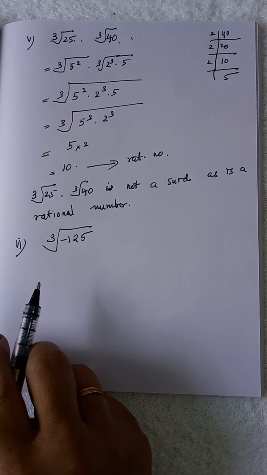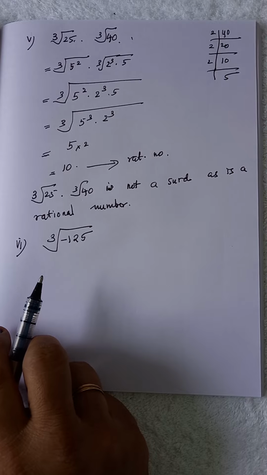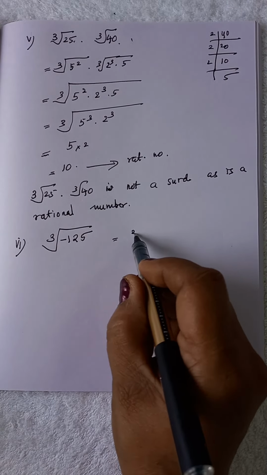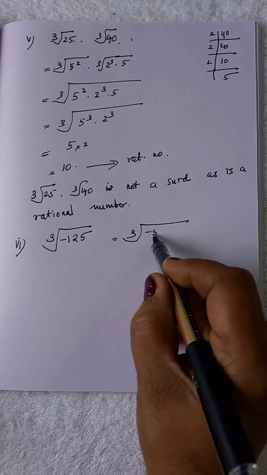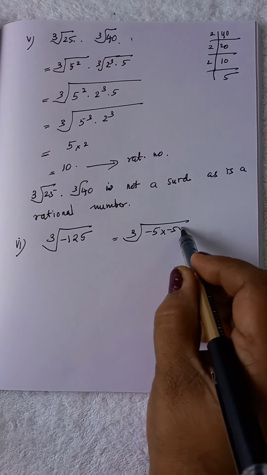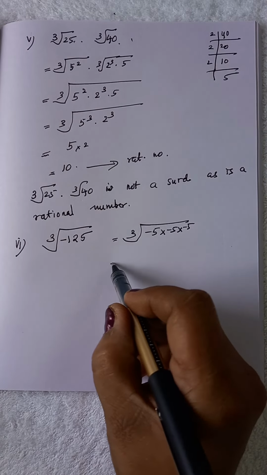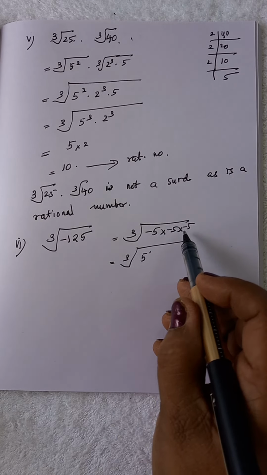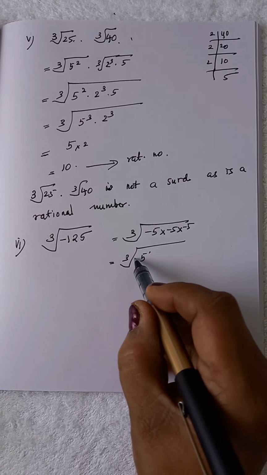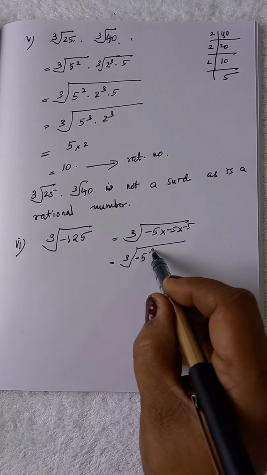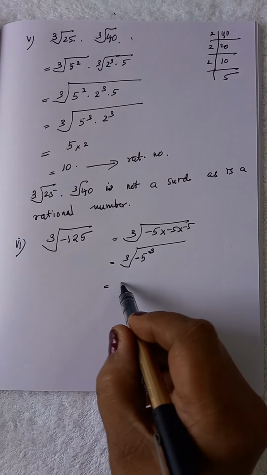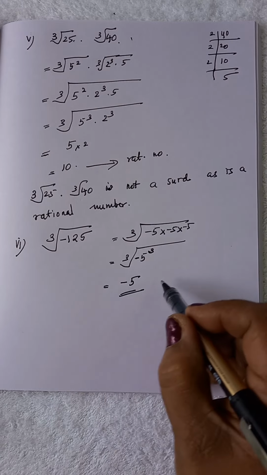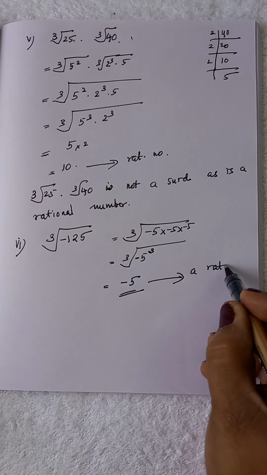Now, the sixth question is cube root of minus 125. This can be written as cube root of minus 5 into minus 5 into minus 5. So, that is cube root of minus into minus, that is plus, again one more minus is there. So, minus 5 raised to 3, that means it is minus 5. This is a rational number.